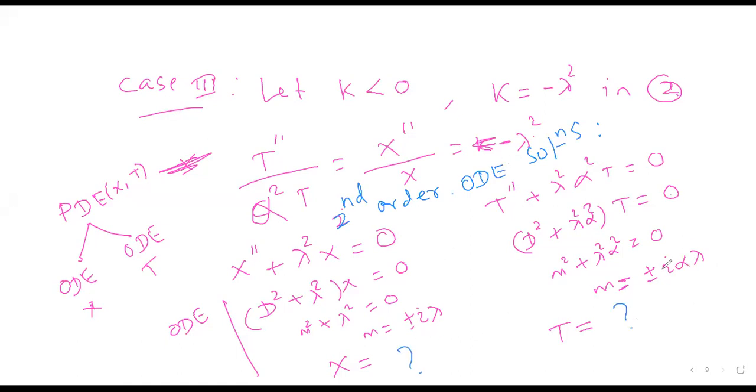If you get imaginary answers, i lambda, or this is also something a constant, no? What will be this one? Go through your ODE notes and tell me the answer. Okay, I got one answer. Do you need the exponential of 0? What is exponential 0? Already 1, no? Yes. Good.